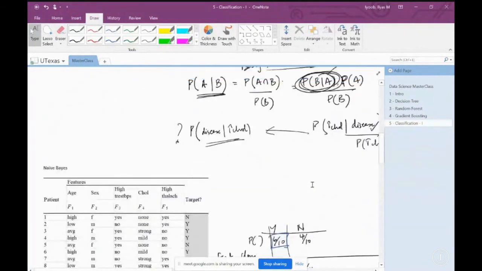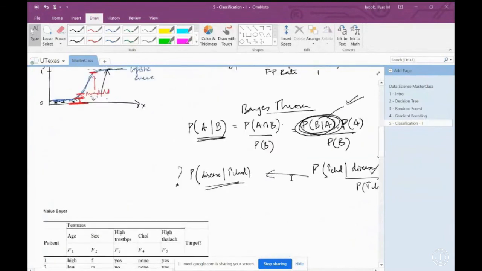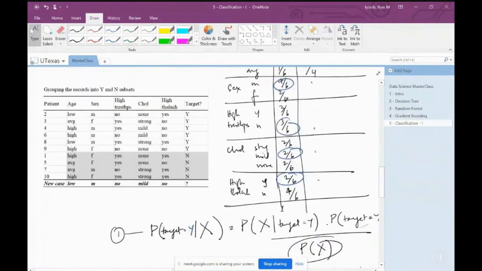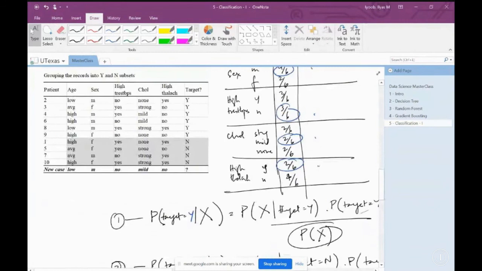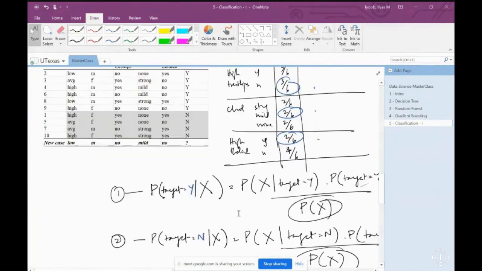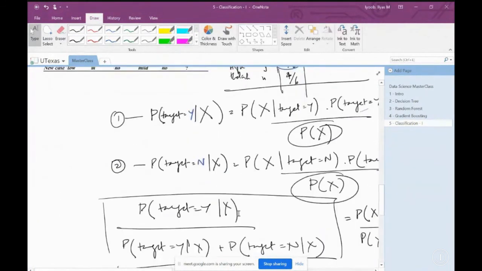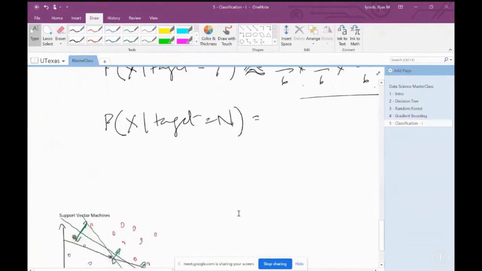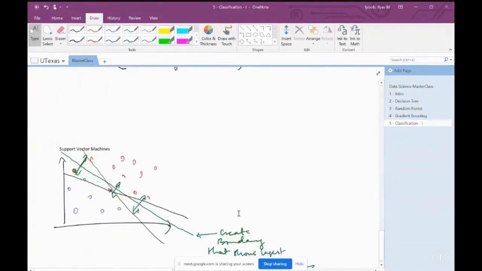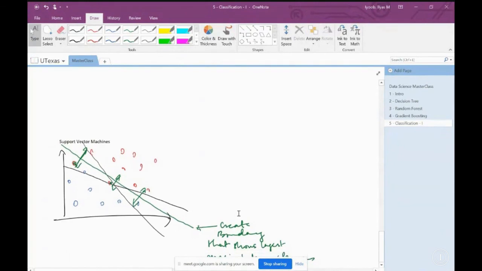Naive Bayes leverages Bayes' theorem, and it's a very simple probabilistic model. It doesn't typically require any type of learning. This is just pure calculations. It just happens to be that there are good algorithms that do those calculations for you. And then finally, support vector machines are good whenever you have data with anomalies.